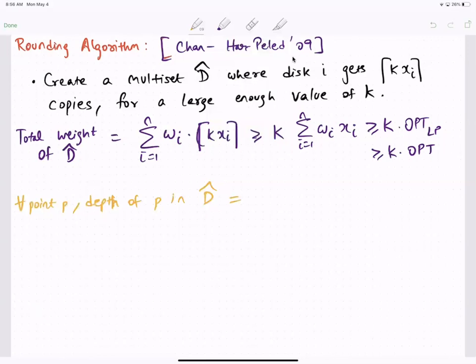Well, just write it down: summation over disks i containing P. You just look at all the disks which are covering this point P, and you know it's this many number of disks.